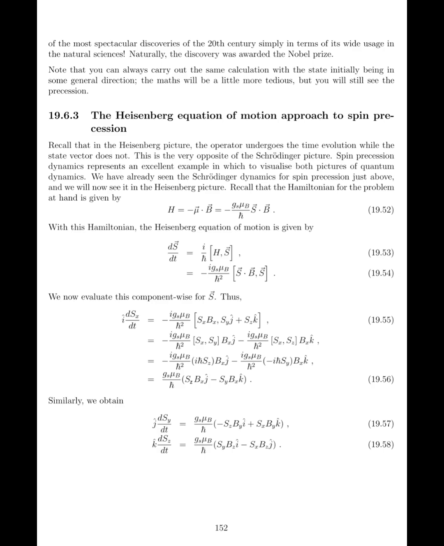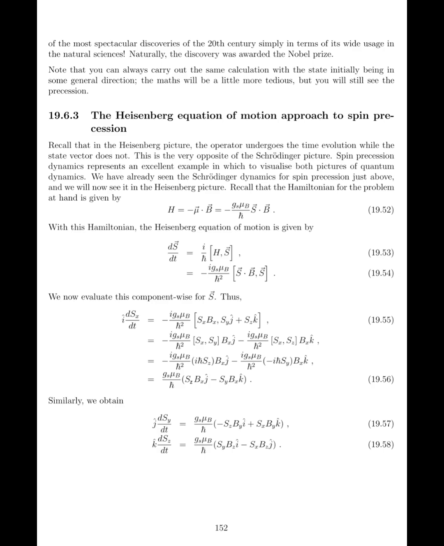So now you can see that these are the only two terms that can be non-zero. Why? Because Sx and Sy don't commute, Sx and Sz don't commute. So therefore these two terms have to be non-zero. Now individually they're non-zero. You might say, but by some conspiracy maybe they'll cancel each other out, but that will take a miracle actually.